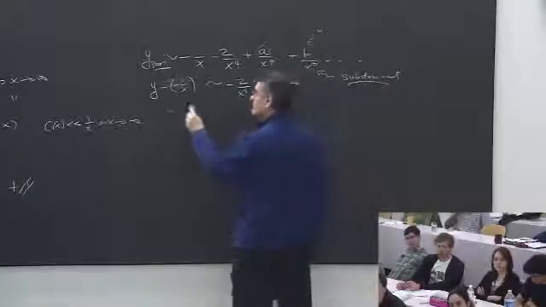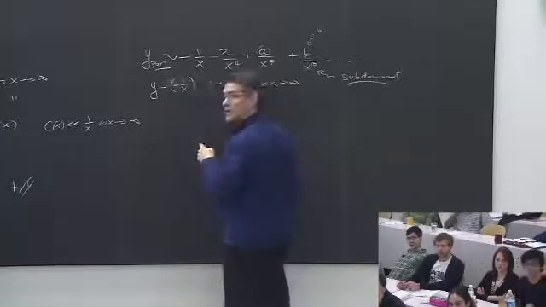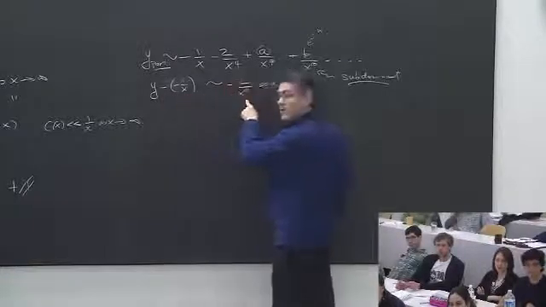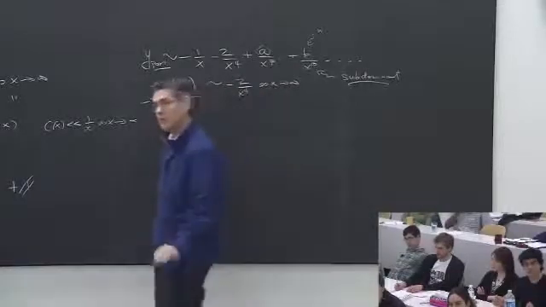Therefore, I claim y behaves like minus 1 over x. And furthermore, the difference is going to 0 even faster. So I know this is vanishing like minus 1 over x. No problem with that.